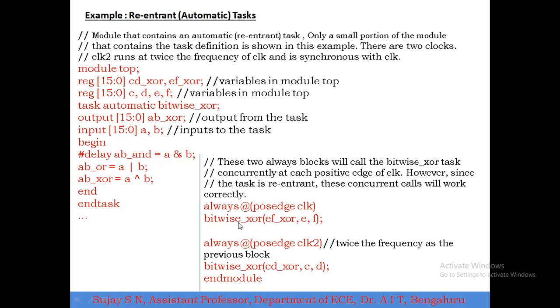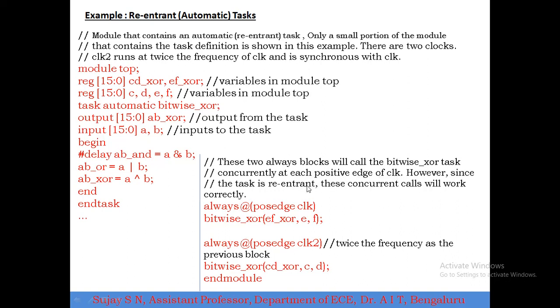These two tasks are going to perform the operation at the positive edge of the clock and the positive edge of clock2. Suppose clock and clock2 are at the same frequency. The two always blocks will call the bitwise_xor task concurrently at each positive edge of the clock.